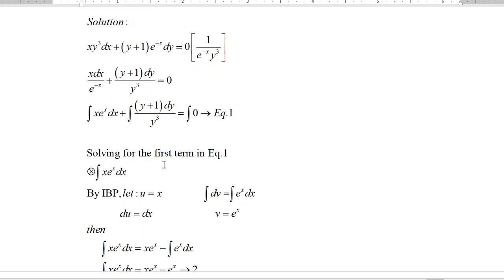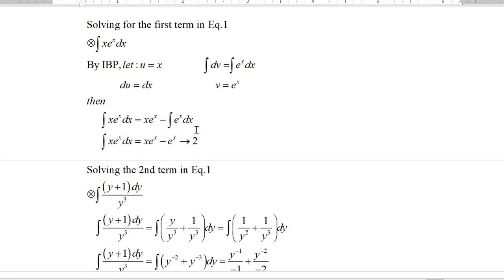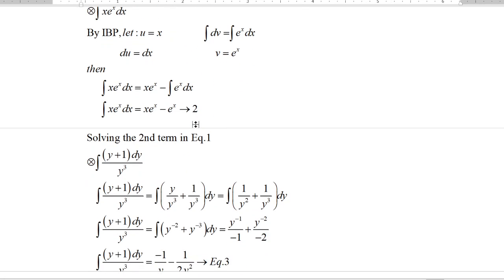And then, solving the second term, the integral of y plus 1, the quantity dy, all over y cube. So, how do you think we solve that? How do we integrate that? It is just this. So, we separate it, first, y and then plus 1.